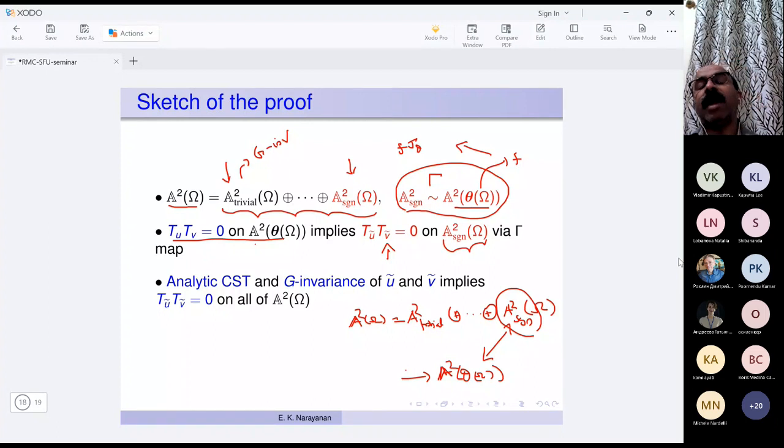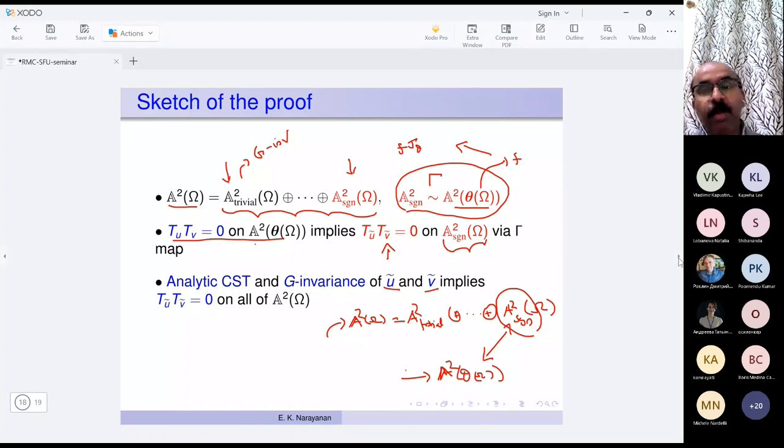But remember, U tilde and V tilde are G invariant. So now use the analytic Chevalier-Shepard Dot Theorem. You start with something here, expand it in terms of those generators, and use the fact that U tilde and V tilde, U and V pulled back to omega, are G invariant.